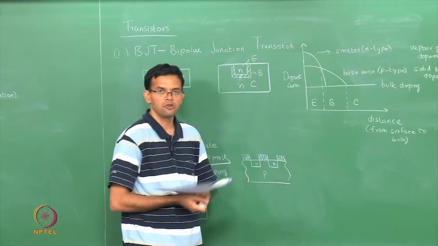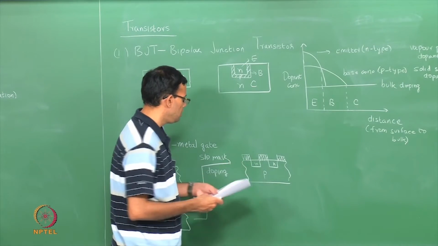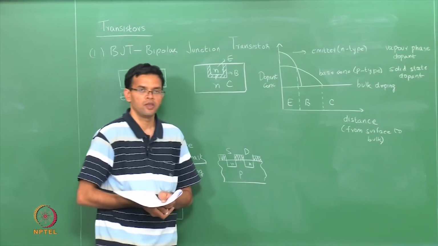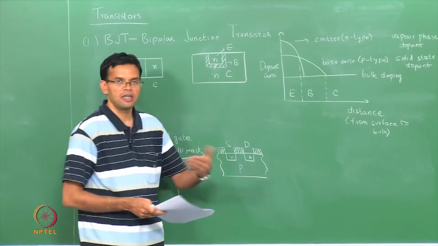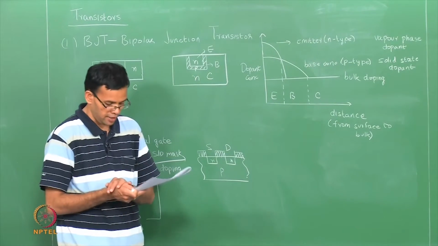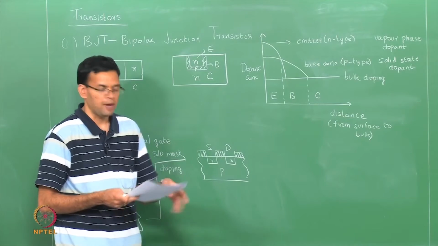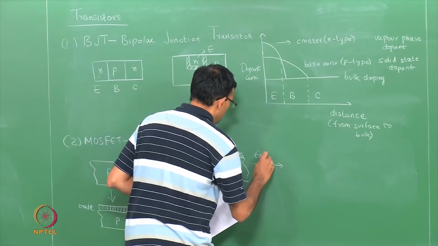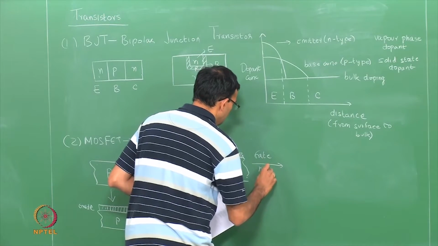So, we define the source and the drain. This is S, this is D and both are n type. We again have to do another lithography step in order to open the area for the gate, and then we can do the patterning for the gate. So, from here we can do a gate mask.